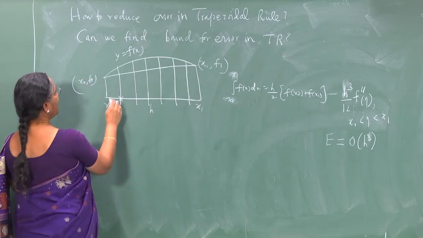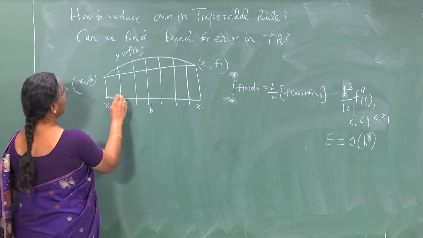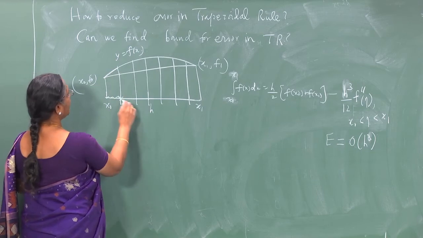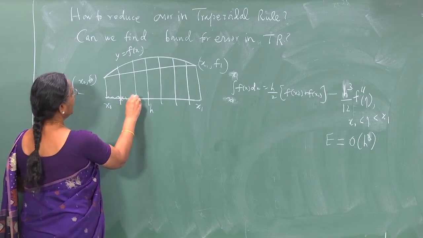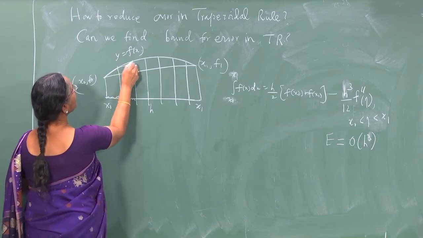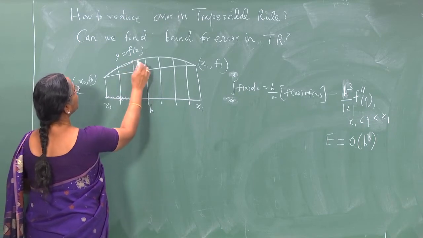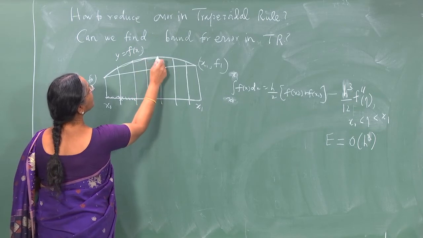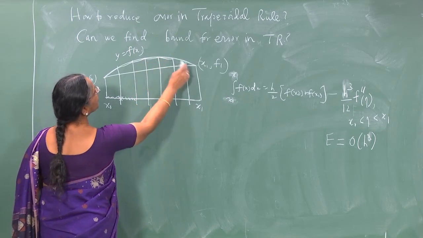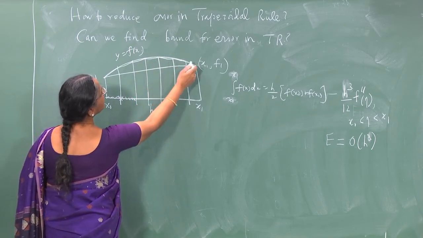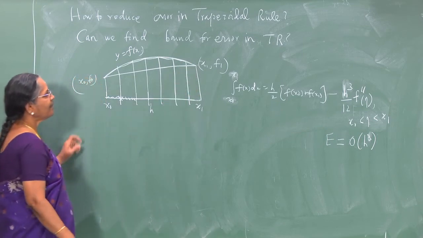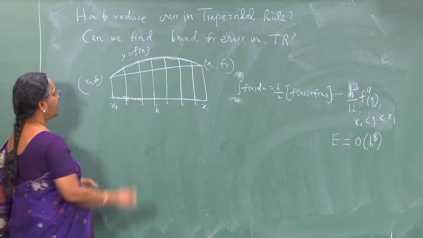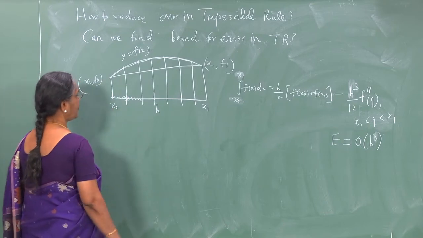So, what does that mean? In this interval, I approximate this function by this straight line. In this interval, I approximate the function by means of this straight line, and so on, so that in each of these intervals, you would be approximating the curve by means of a straight line passing through those two endpoints, and apply the trapezoidal rule.